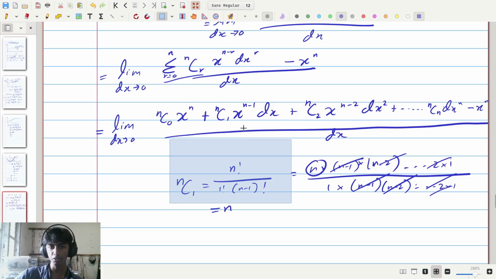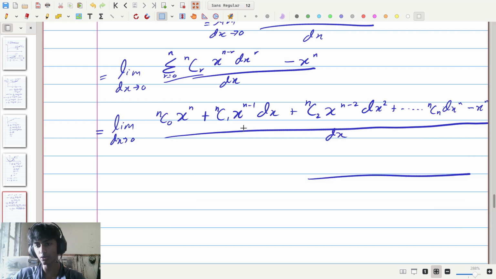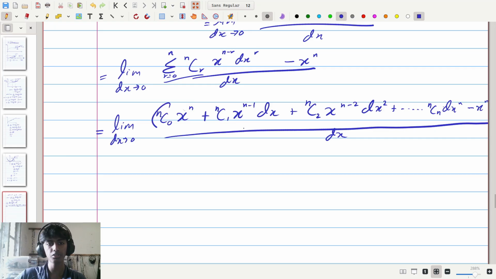We can substitute these two values in. In fact, doing so, over here on top, this n choose 0 becomes 1 and this n choose 1 becomes n.